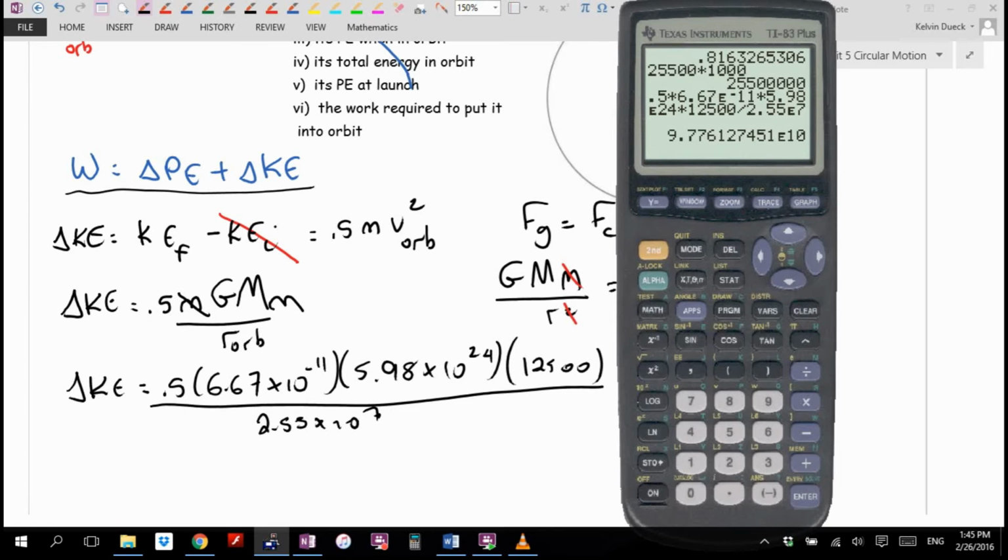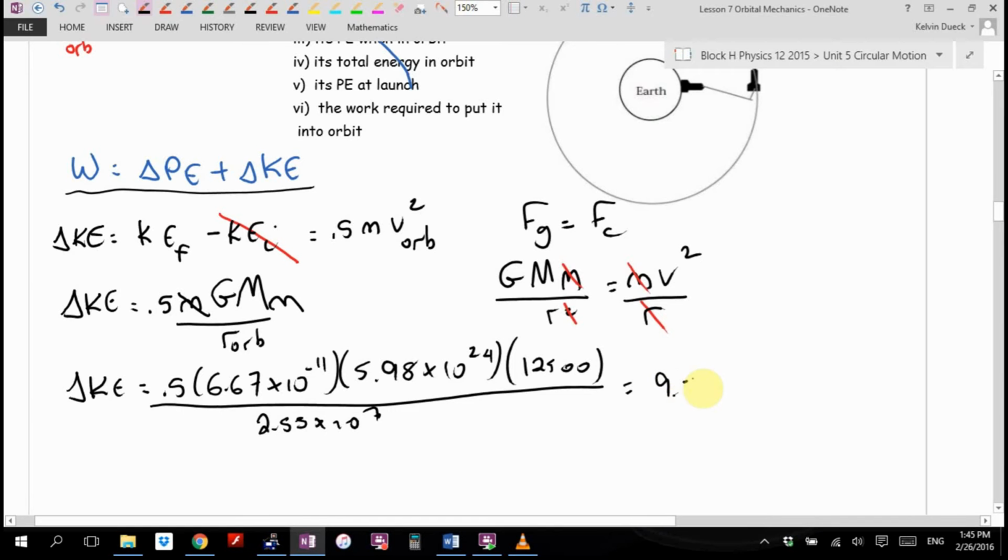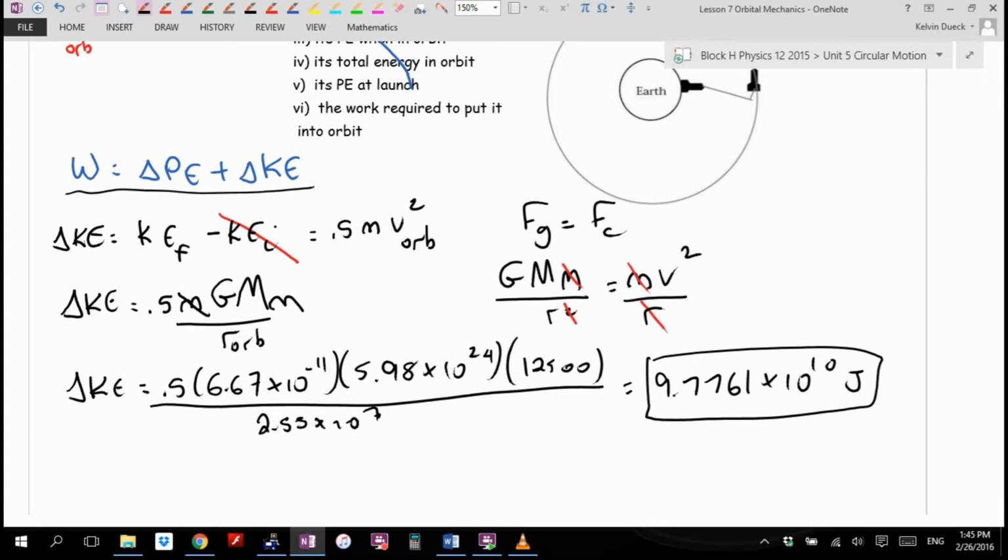I've told you that's 10 to the 10th, 10 to the 11th, you're smiling. 10 to the 9th if you're in a pretty low orbit. 9.7761 times 10 to the 10th. That's how many joules of energy, Kiowa, we need to keep it in orbit. That's how much it's going to take to get it to the right speed.